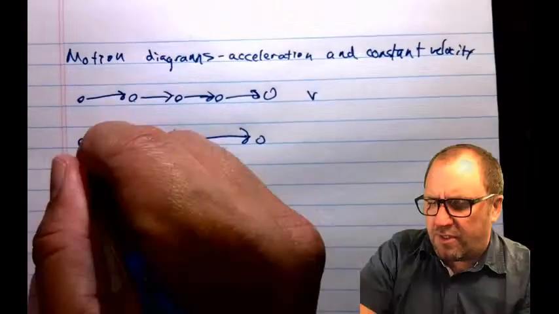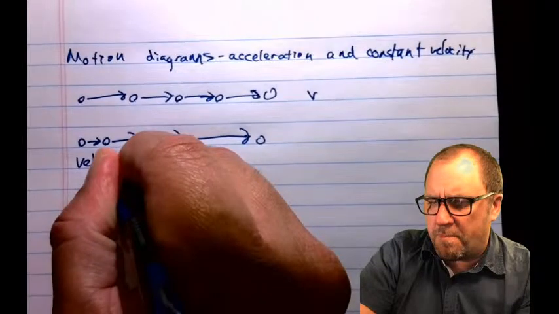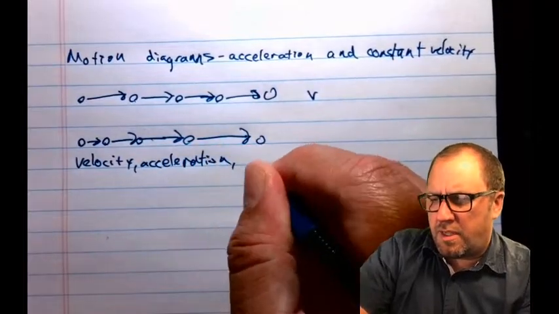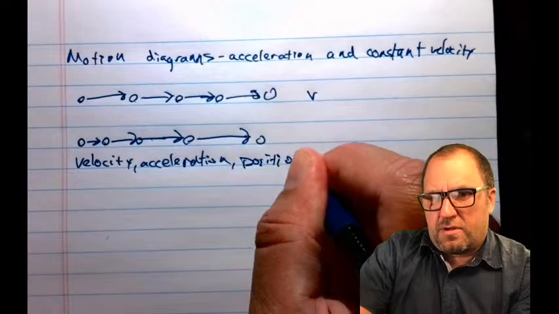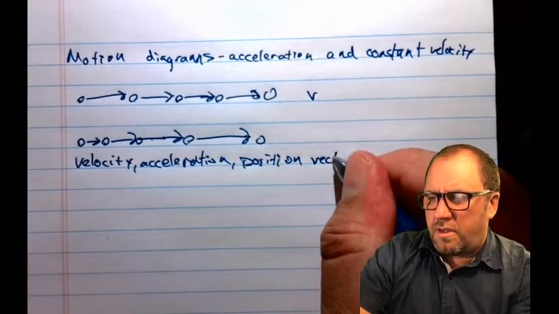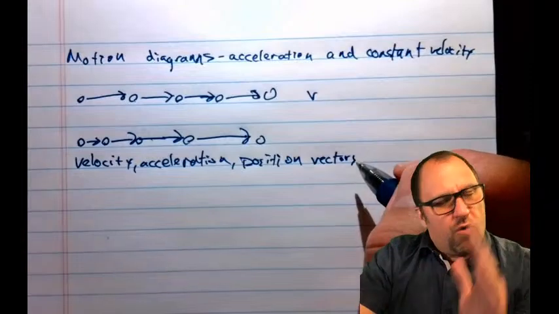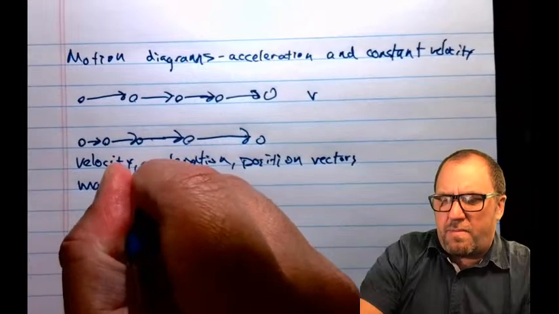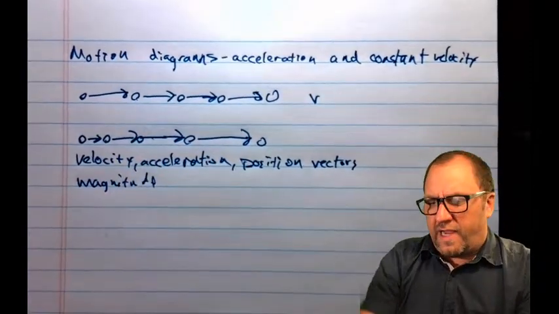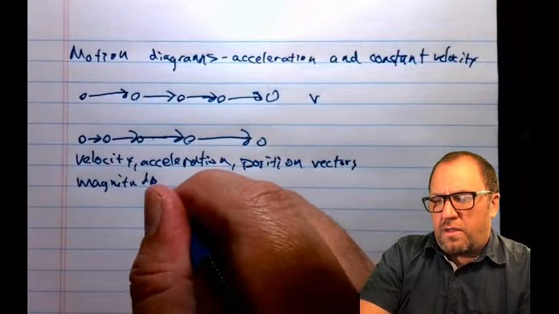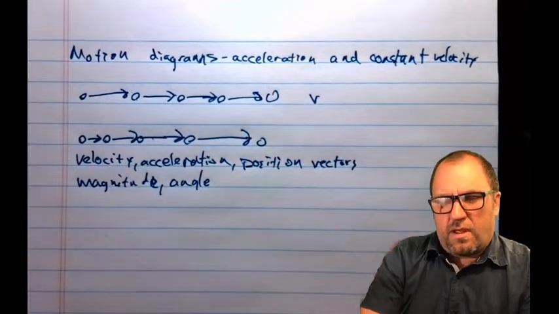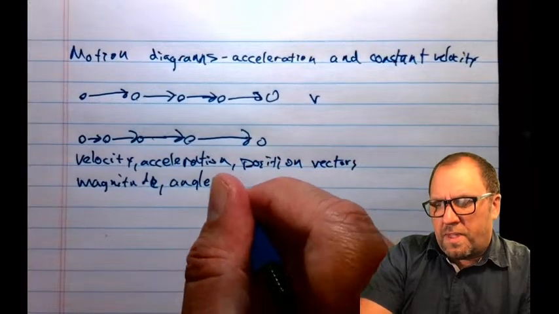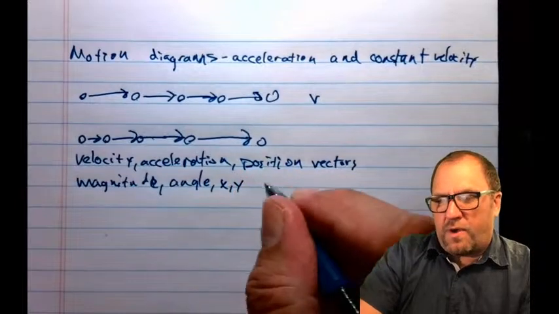Let's write those down. So velocity, acceleration, and position vectors. Hopefully you all remember what a vector is, and you should be able to find its magnitude. So find the magnitude of a vector, the angle of a vector, and say the different components. So x and y components of a vector.